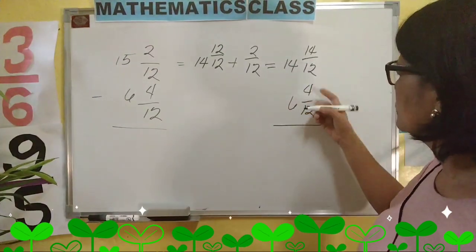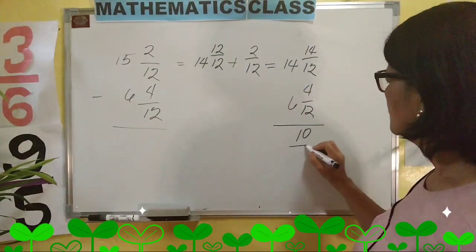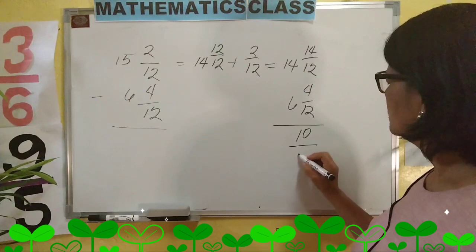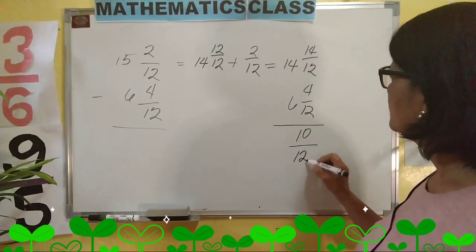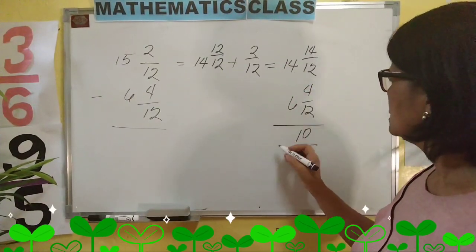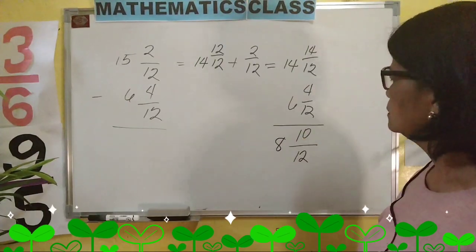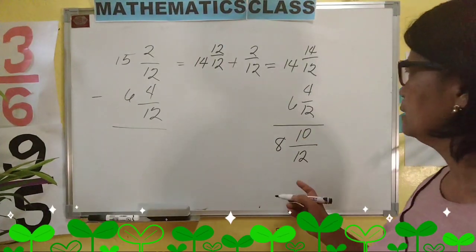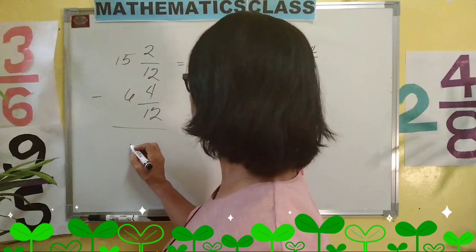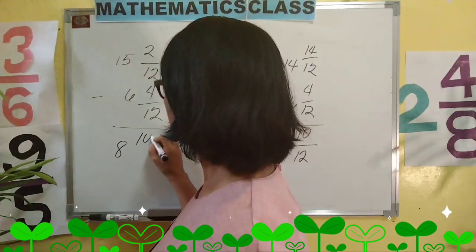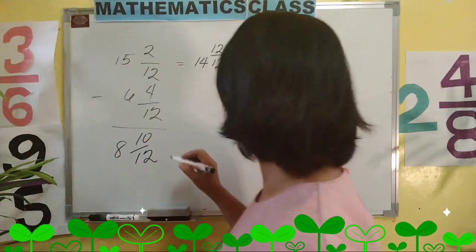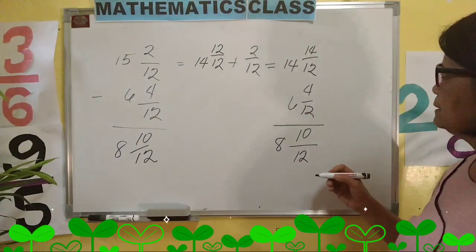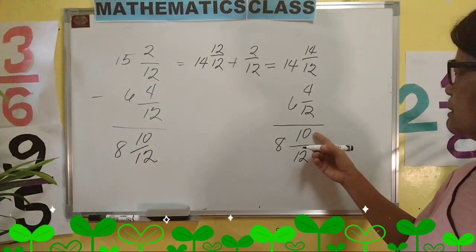Equals 14 minus 4 equals 10. Copy the common denominator of 12. 14 minus 6 is 8. So the possible answer is 8 and 10/12. Okay, find out if there is a common factor for 10 and 12.